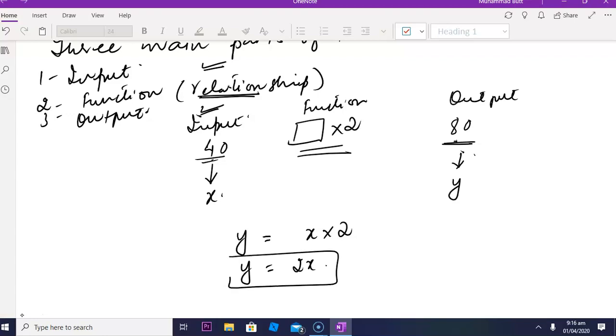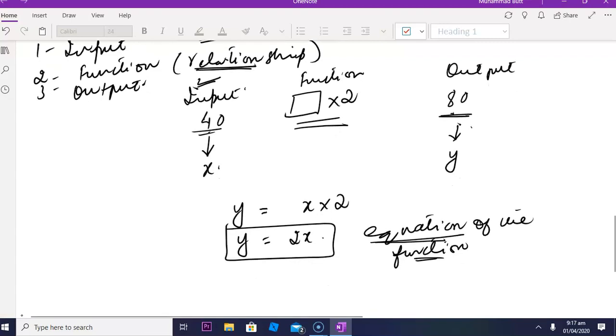This is the equation of the function. And from this equation, you can easily find out the value of x if y is given to you, and if x is given to you, you can also find out the value of y.